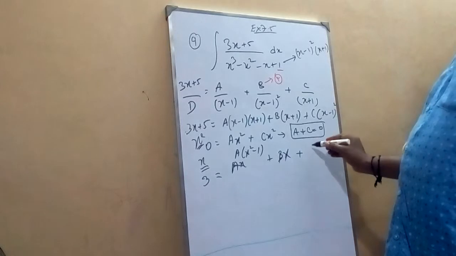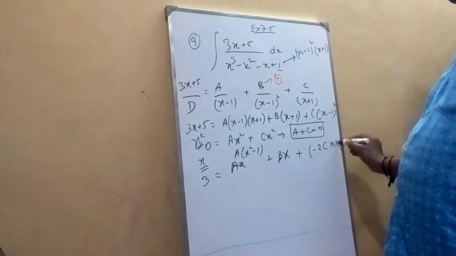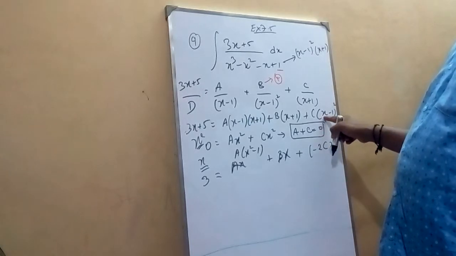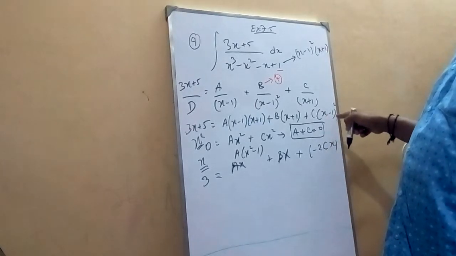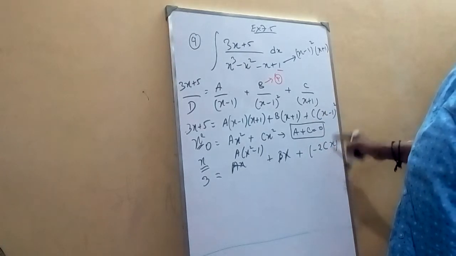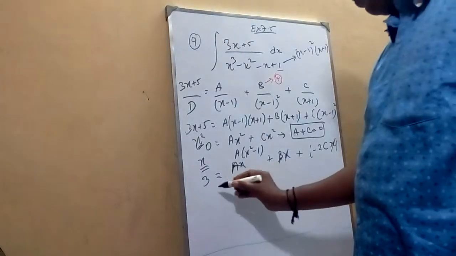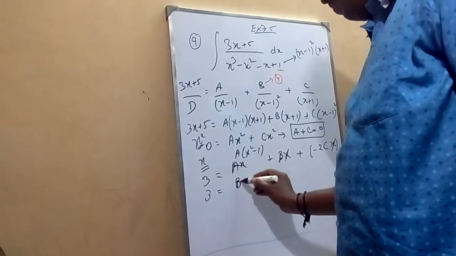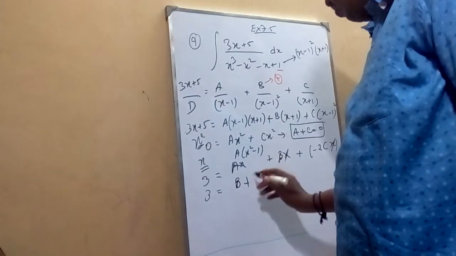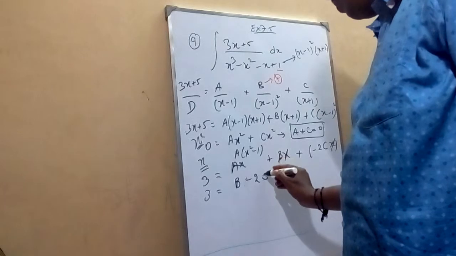So it is minus 2 into c into x, right? Here x square minus 2x plus 1, minus 2x into c, minus 2cx. So the ax will get cancelled. So here 3 is equal to b minus 2c.